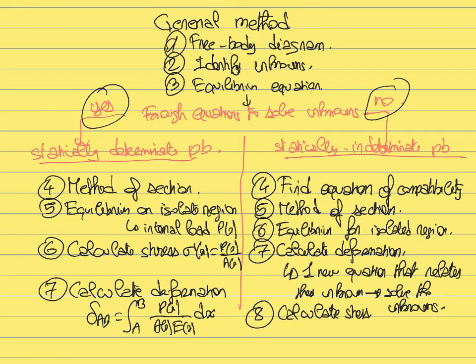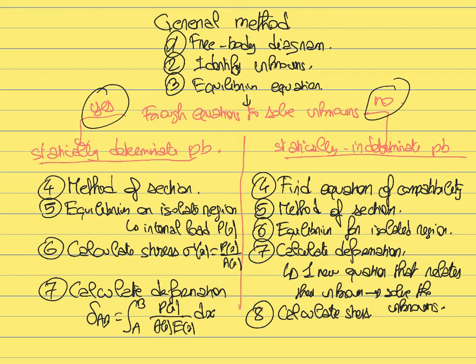So in this case, those are two different approaches. If it's a statically determinate problem, then you follow the usual approach. Method of section gives you the internal load, and based on the internal load, you can calculate the deformation. If you don't have enough equations, then you need to follow a reverse approach, where you calculate the deformation first in terms of the unknown, and you use this to get a new equation that ultimately allows you to calculate the internal load and the internal stress.